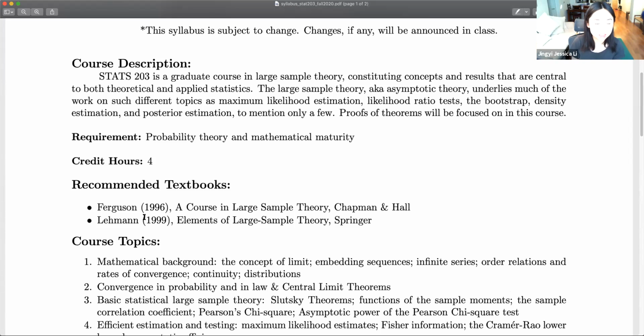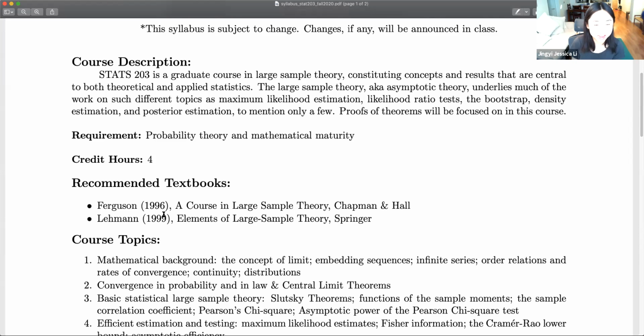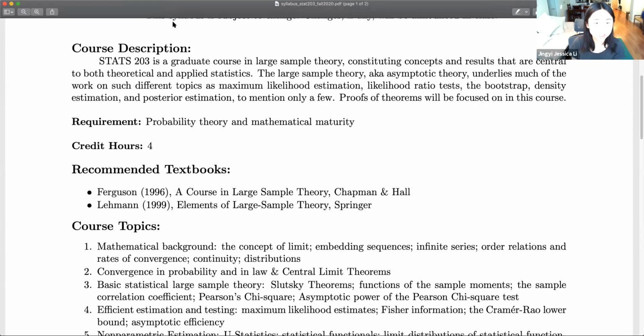Another book is the 1999 one by Lehmann, and this one is actually a little easier, I would say. It gives you the elements of large sample theory. Compared to the Ferguson book, and by the way, Ferguson is a retired faculty member from the UCLA statistics department.